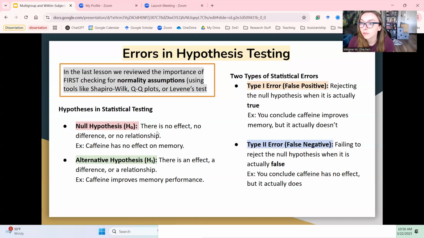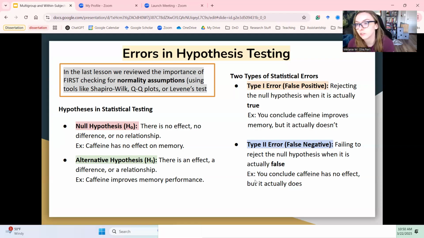The null hypothesis, so H0, means that there is no effect and no difference and no relationship between our independent and dependent variable. So an example of this might mean that caffeine has no effect on memory. So my hypothesis is that there is no relationship between these variables. An alternative hypothesis is that there is an effect between these variables.